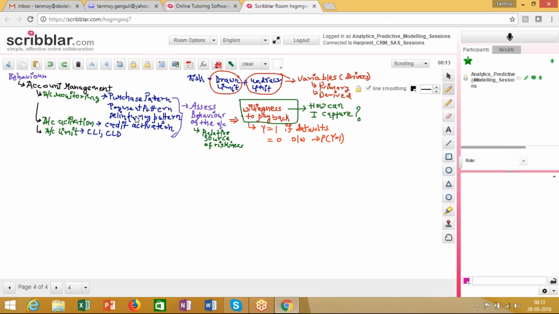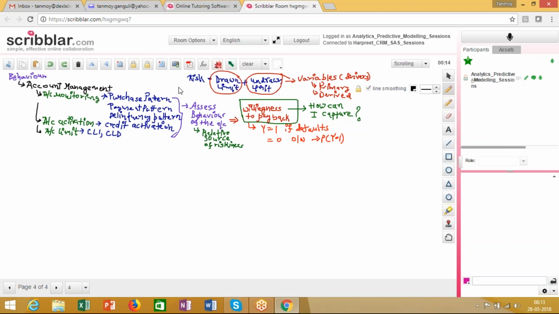Now, talking about credit cards, especially as a product, the riskiness arises from two sources. One is a drawn limit, and the second is an undrawn limit.